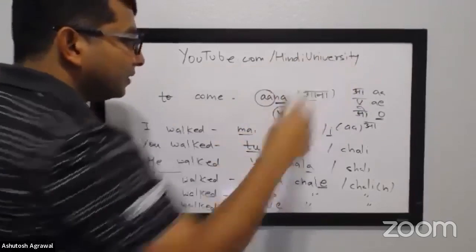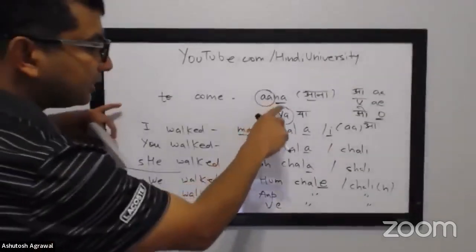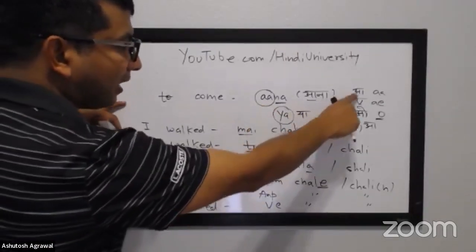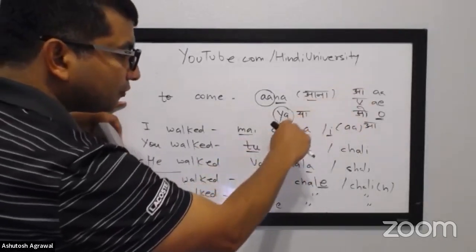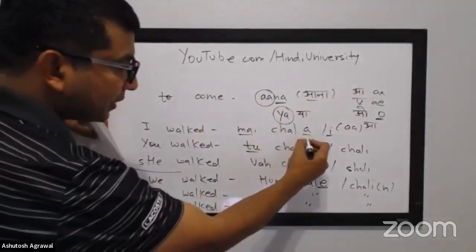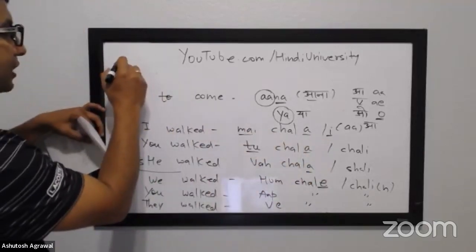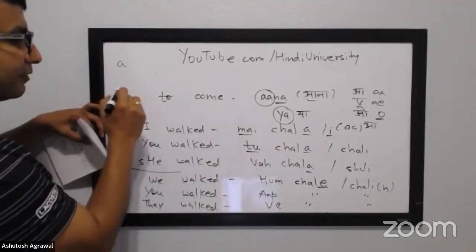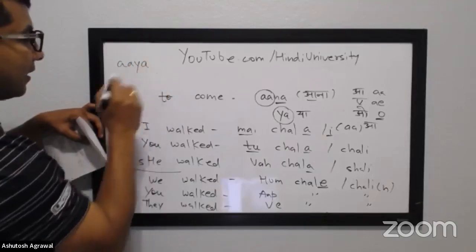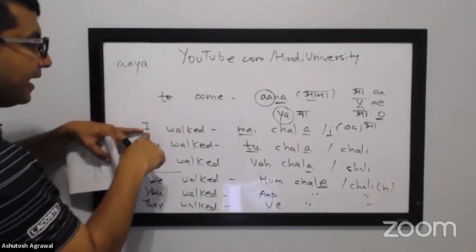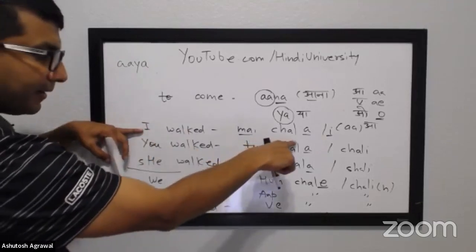Okay, so the only difference is the base stem has an a or o sound. Whenever you have that, you will put the ya. So instead of chala, it will become aya. You will say मैं आया.